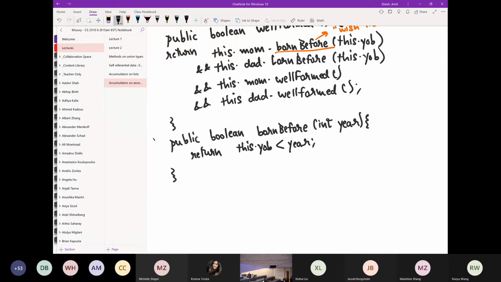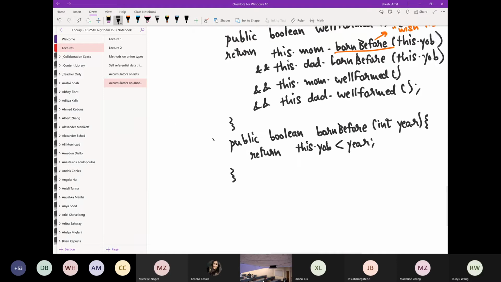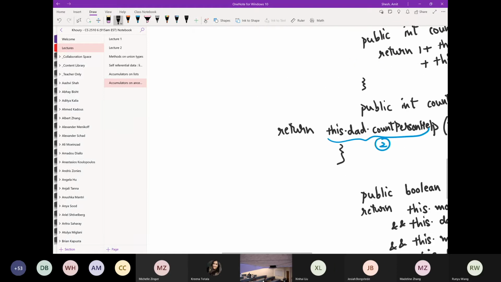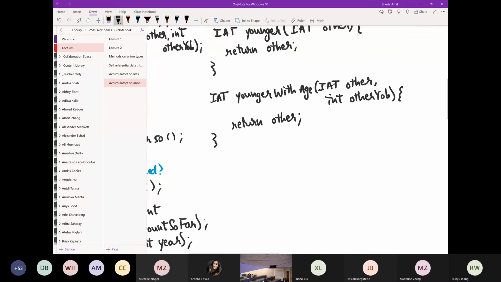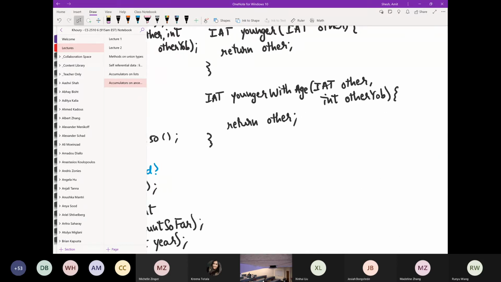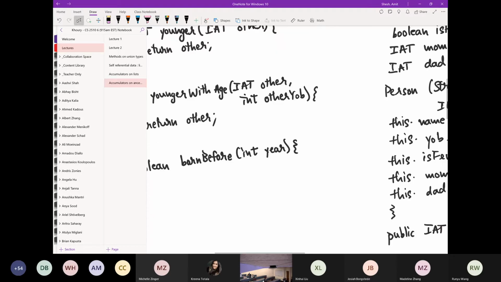Okay? Now it's part of the interface, which means I have got to implement it for the unknown as well. So we've been kind of skipping things for the unknown. But this one, I'll attempt. Okay.